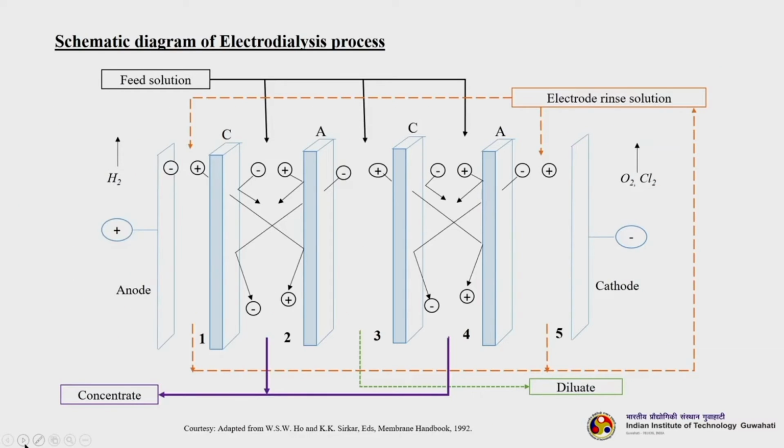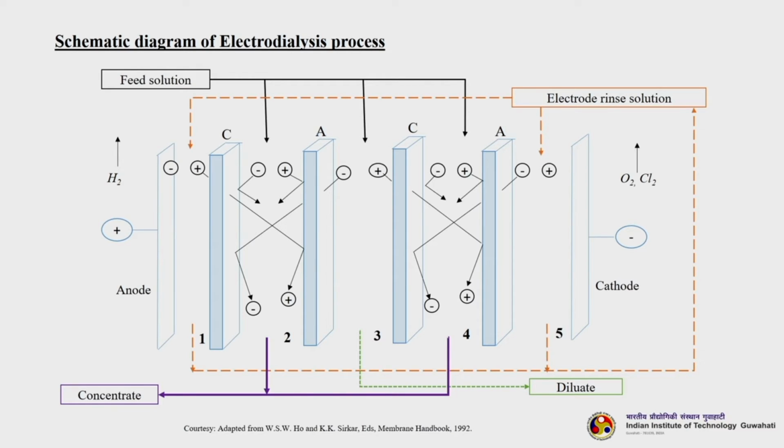This is a classical example of the schematic diagram of the electrodialysis process. Here there is a cathode and an anode, and I have shown 4 different types of membranes. C stands for the cation exchange membrane, A stands for the anion exchange membrane, and again a cation exchange membrane.